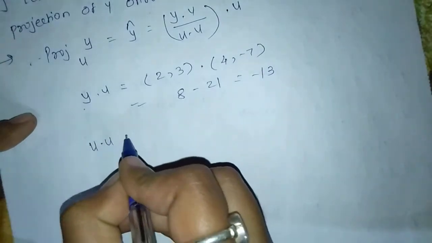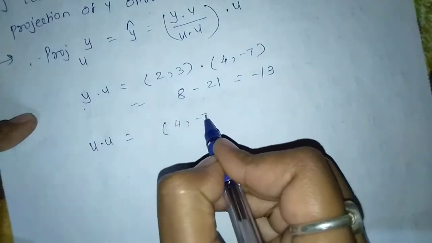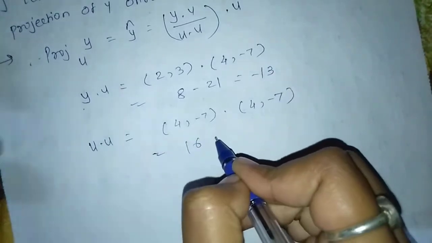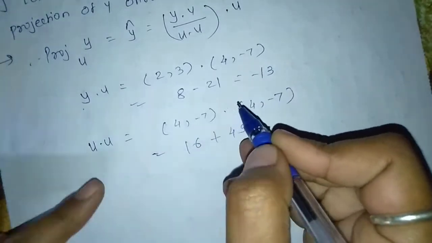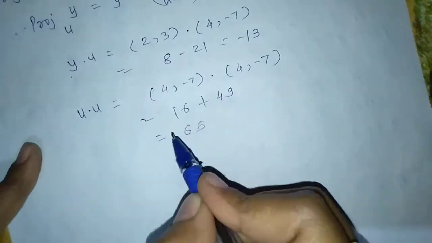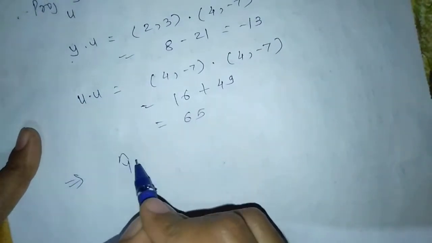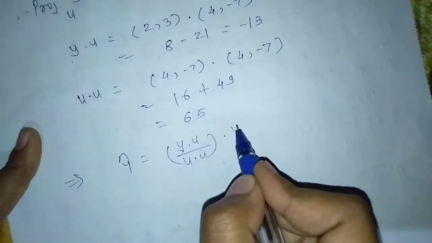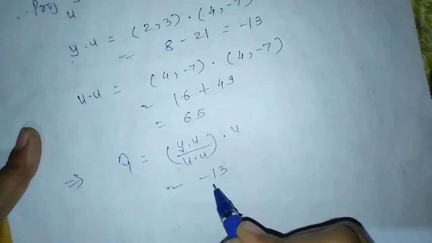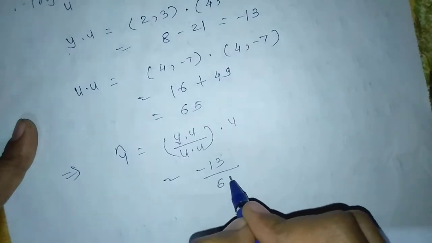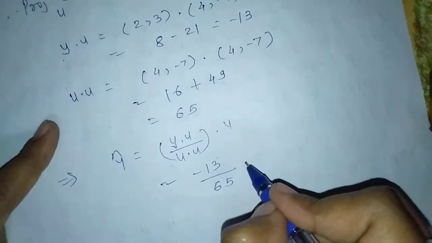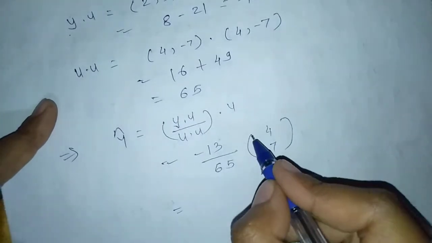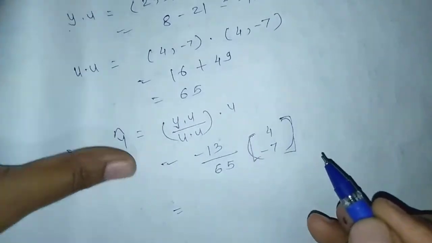Next, u dot u is equal to (4, minus 7) dot (4, minus 7), which is 16 plus 49, equal to 65. This implies y cap is equal to y dot u upon u dot u into u. Y dot u is minus 13, u dot u is equal to 65, and u is (4, minus 7), which is nothing but the column matrix.